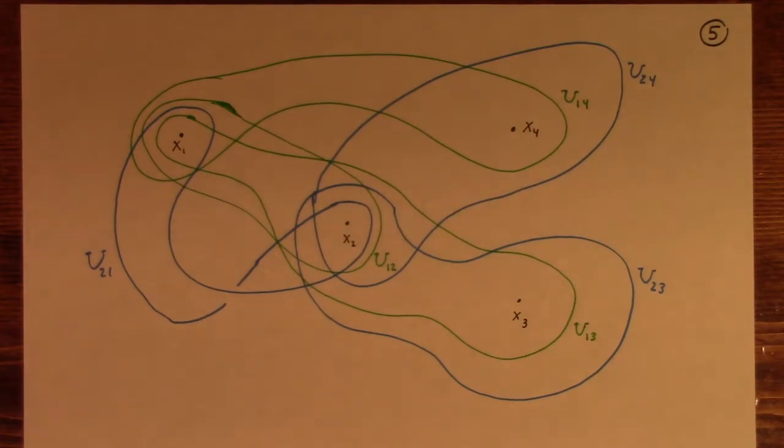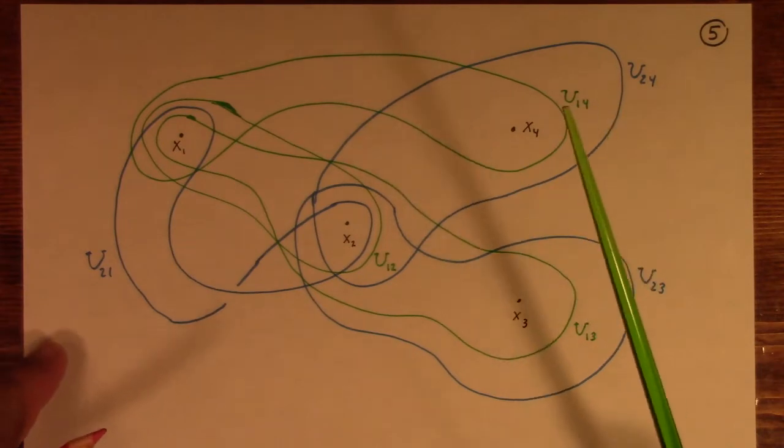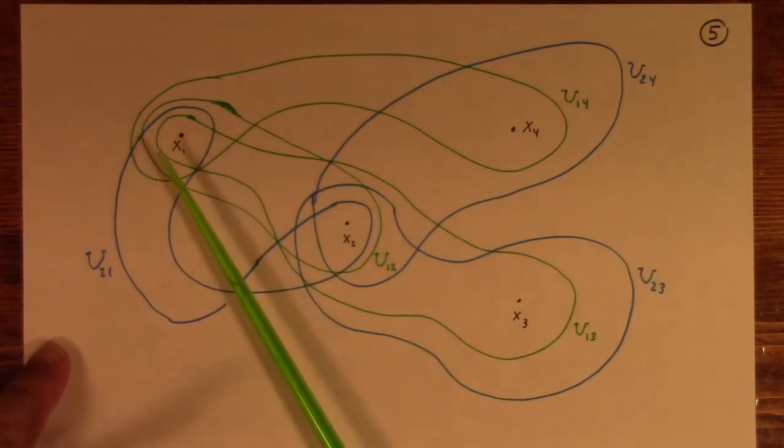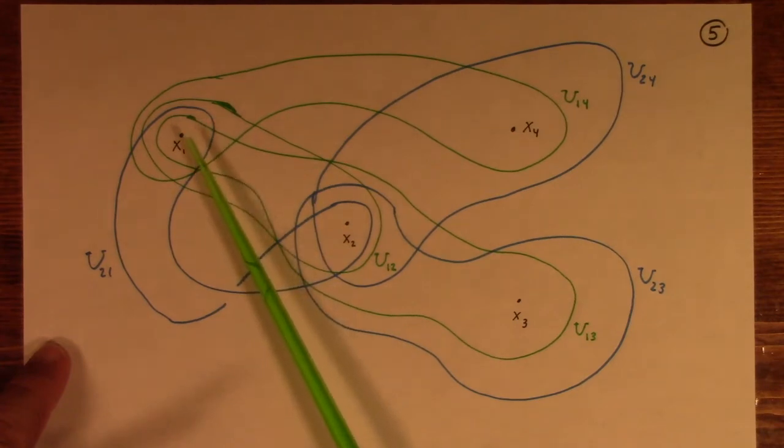Let's see here. So what I attempted to do is to illustrate the proof for four points. So let me just try to trace it out and explain what's going on here. So for point 1, we can look at U12, and I did it in green.